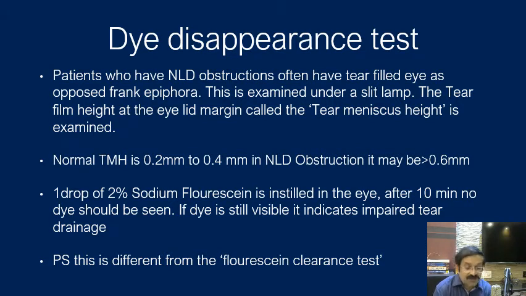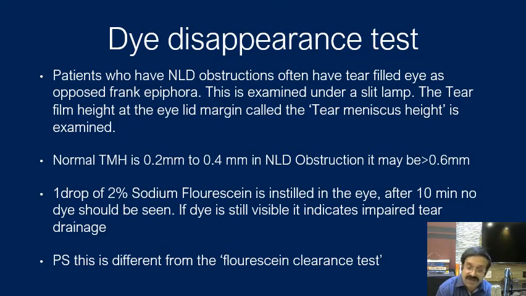So how do you elicit this test? 2% sodium fluorescein dye is instilled in the conjunctival sac, and the patient is observed after around 5 to 10 minutes. After this period of time, in a normal eye in which there is a normal drainage of tears, the fluorescein will be completely gone. It will disappear.